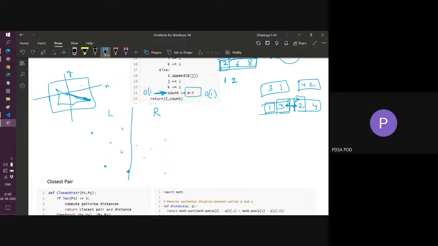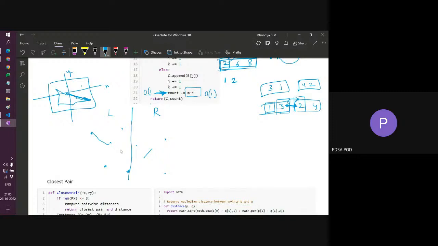Then we find the shortest distance in the left part and the shortest distance in the right part. We check which is shortest, and then we combine the solution.